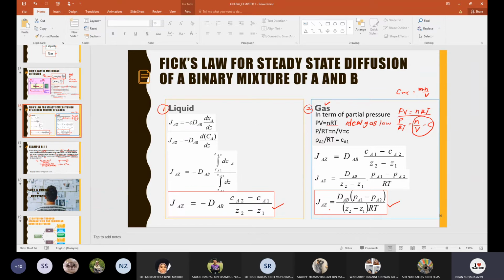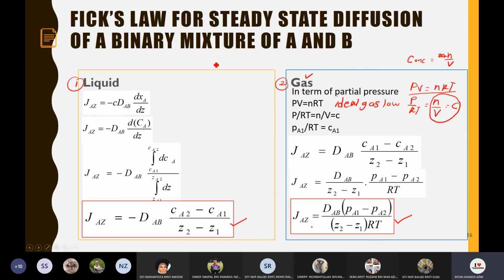For example, A1 to A2, and this one is A2 to A1. This one is from A1 to A2.